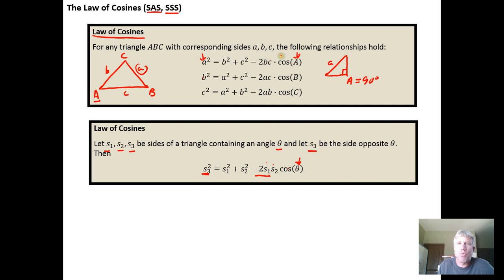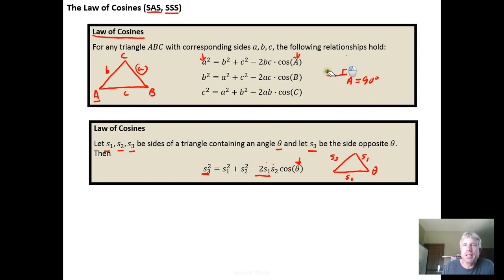So it has the same form. We just don't need to label the triangle with A, B, C. This would be a formulation we would use if we knew any of the three angles. It's kind of a more generic, almost nicer way to do it. If you know theta, then S sub 3 is just the side opposite theta, and S sub 1 and S sub 2 can be the other two sides, and it doesn't matter how they're labeled.